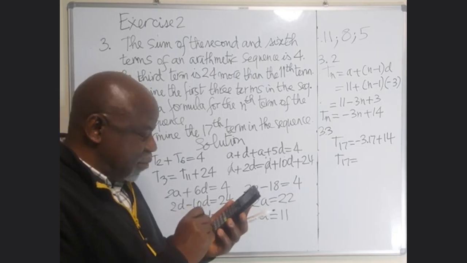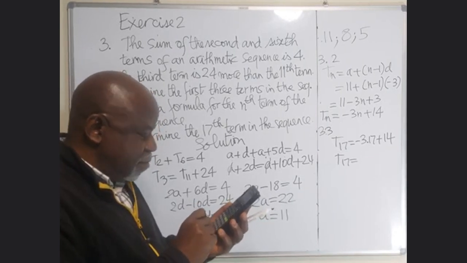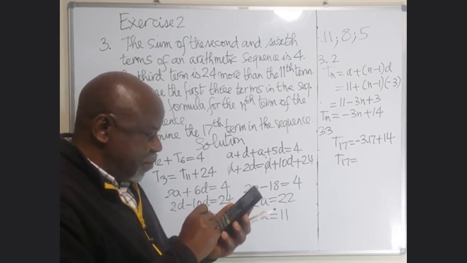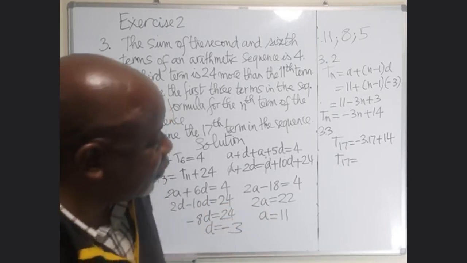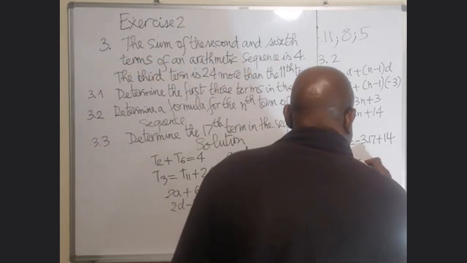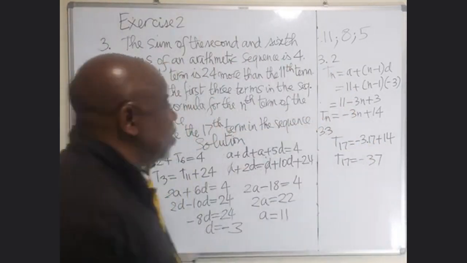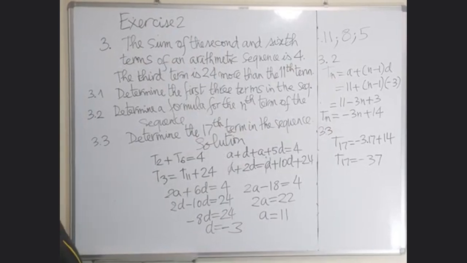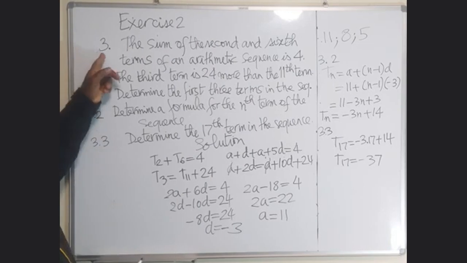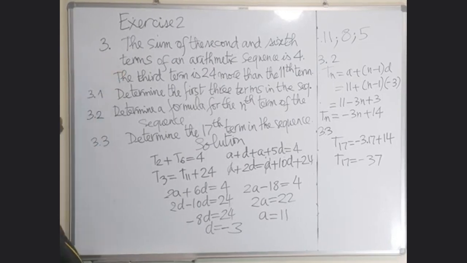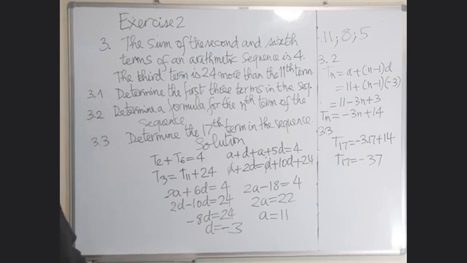Then we get negative 37. So T17 is negative 37. Then we have covered exercise number 2, number 3. We're going to go to the next one. So we will take exercise number 4.